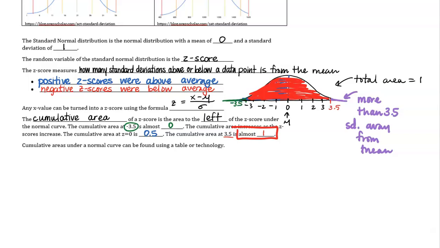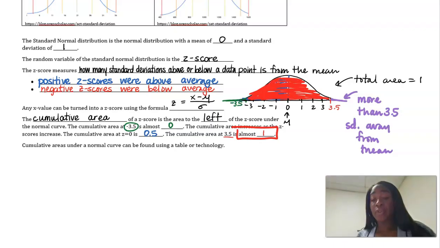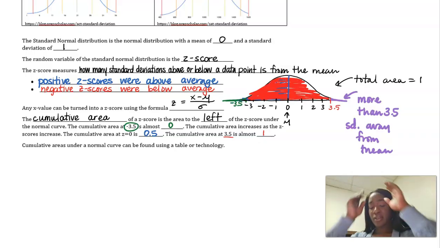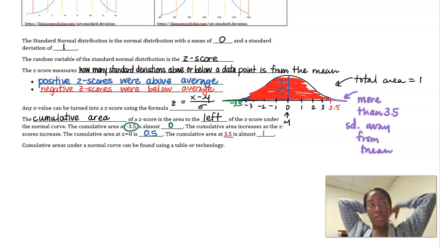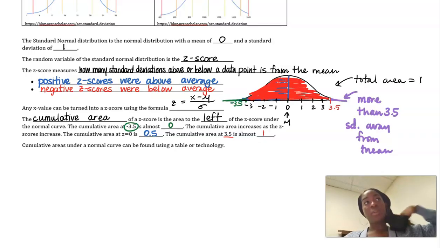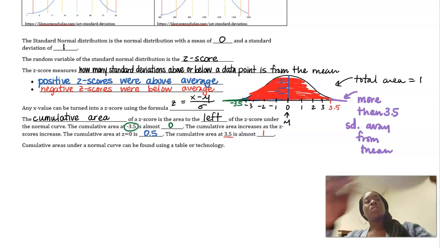So this lesson, all the examples that we're going to look at, which we haven't looked at a lot of examples yet, we've really just been getting the background that we need to understand the examples, but a lot of the examples that we're going to look at are going to be us calculating these cumulative areas, answering questions with these cumulative areas. And there's a couple of ways that we can calculate those areas. One thing we can do is use a table that's linked on Moodle.